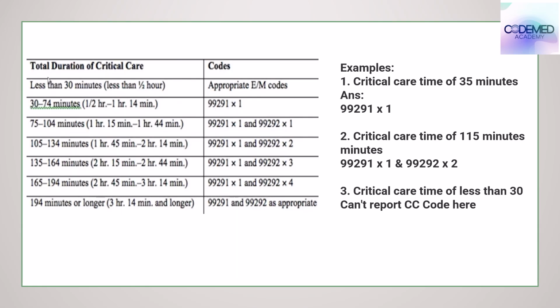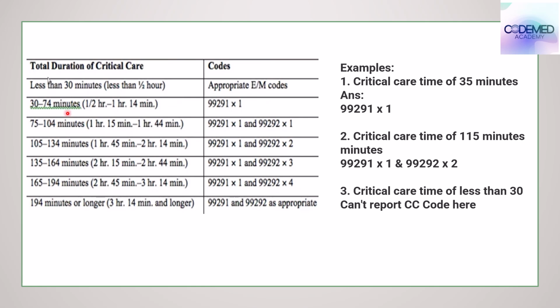So this is the table which is there in your book, and this is the table for the critical care time. Total duration of critical care and the codes we write. So if the critical care is given for less than 30 minutes, then we write the appropriate E/M code. That means wherever the service is given, we write that code.